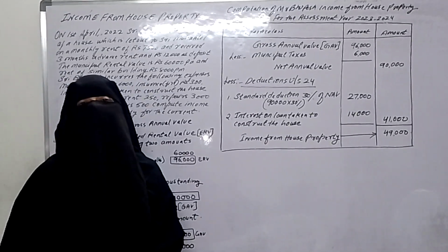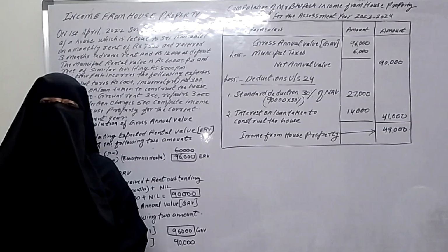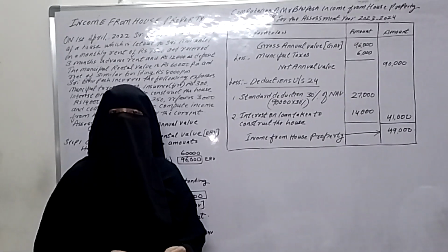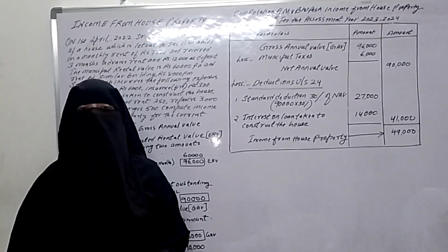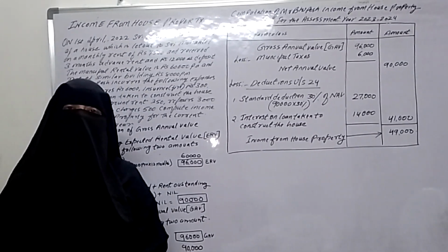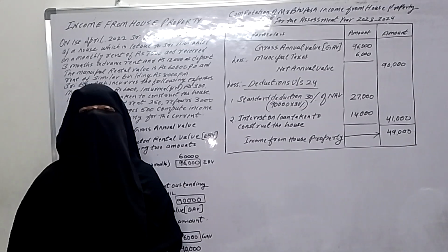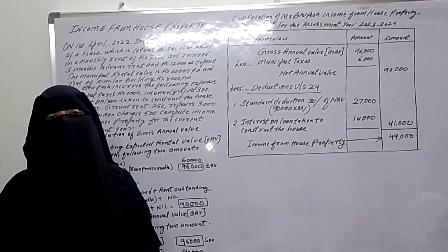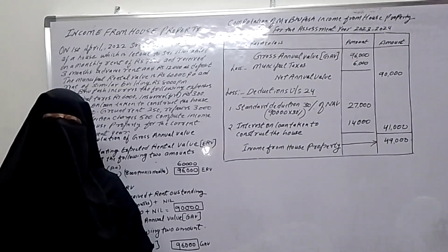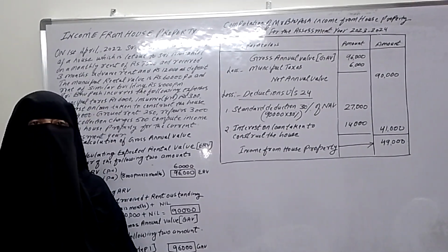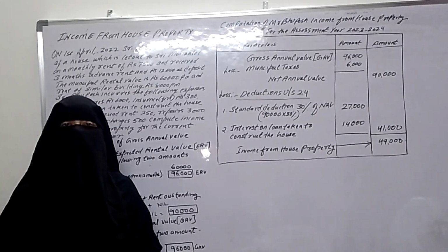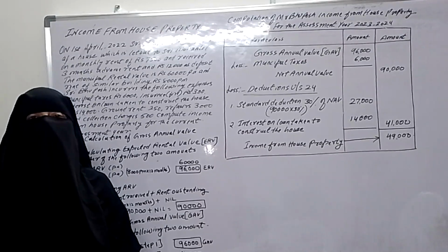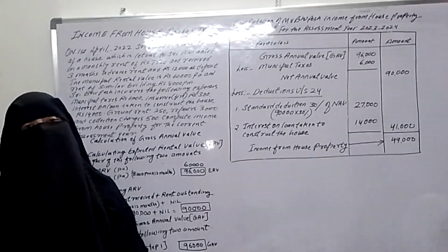Students, for computing income from house property, first we have to see whether the property comes under the Rent Control Act or not, because the Rent Control Act is applicable in some areas. If the property does not come under the Rent Control Act, simply we have to apply 3 steps to calculate the gross annual value.